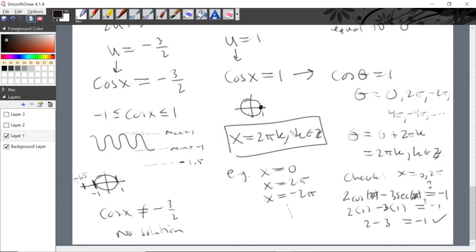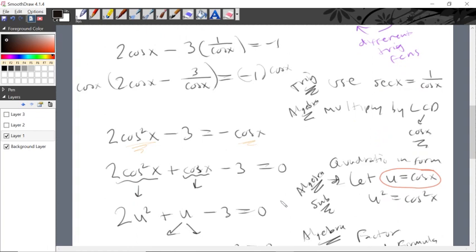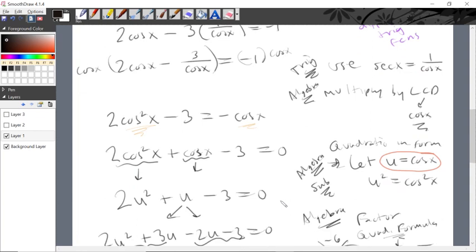Okay, so these equations can be quite challenging then, and they rely on our ability to, first of all, be able to use identities and to know which identities to use. Here we only needed a basic reciprocal identity to apply to this one. And certainly it requires that we really understand the fundamental algebraic strategies that we had studied for solving algebraic type equations in order to be able to do the trigonometric equations.